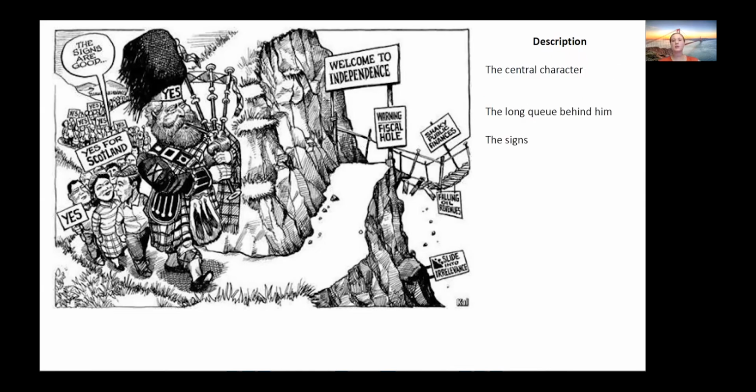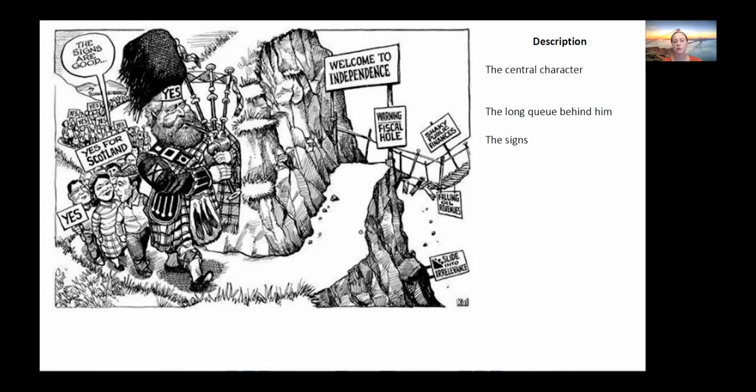Of course, when you take a look at this cartoon, the first thing that you can see is this huge character at the center. And then on the left, you can see a long queue of people. It goes far until the horizon.